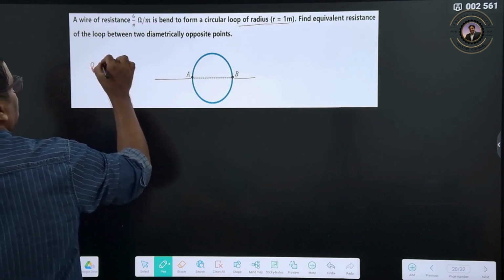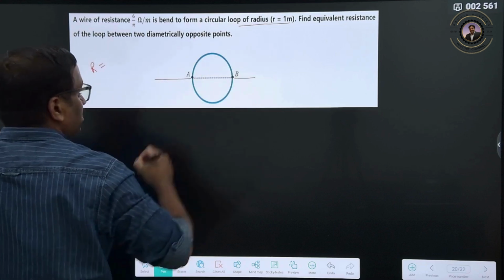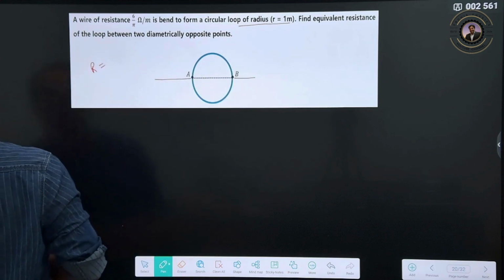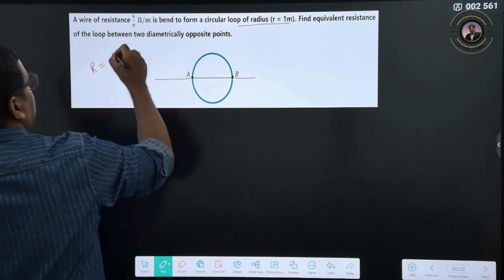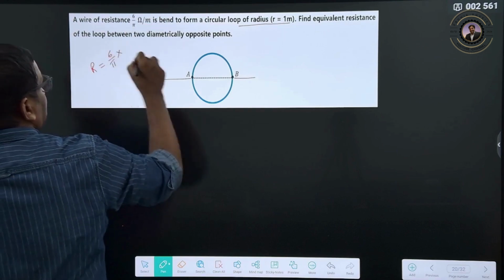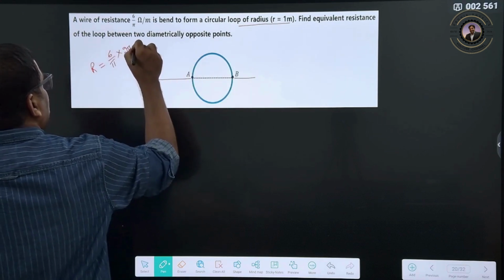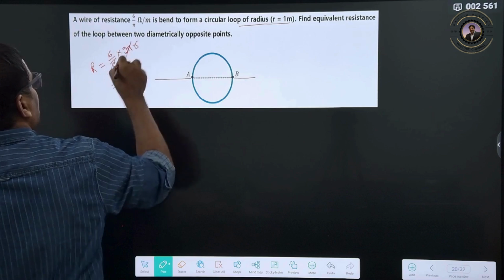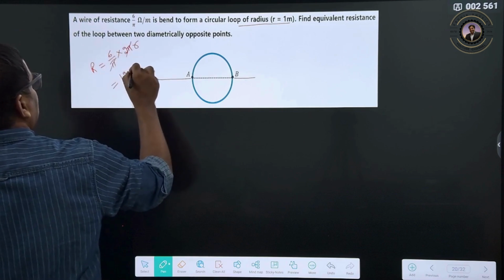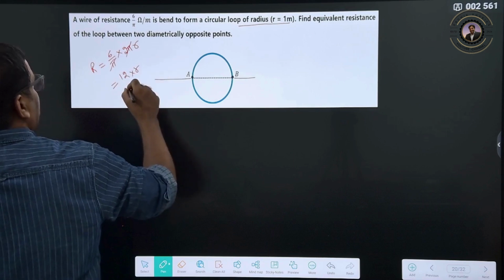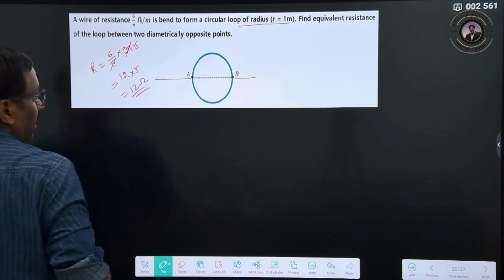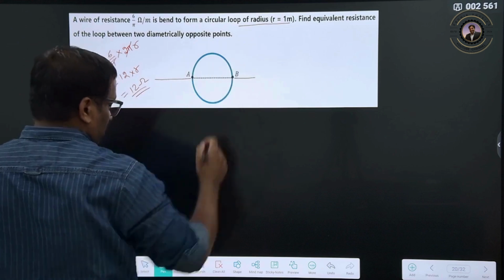Total resistance of the single wire can be written as 6 by pi into the total length, which is 2 pi into R. So pi cancels, therefore it is 12 into R, but the R value is 1, therefore 12 ohms. Clear? So the total was 12 ohms.